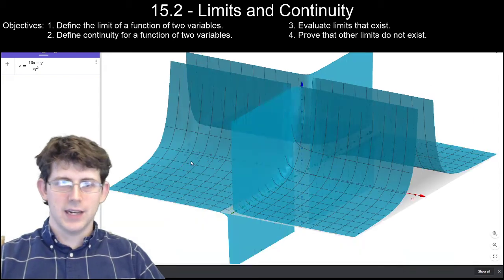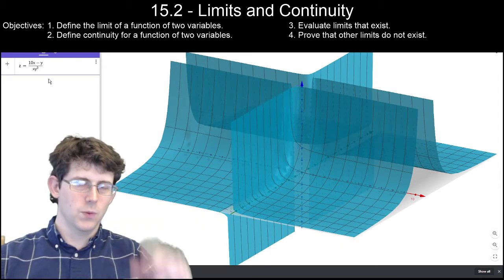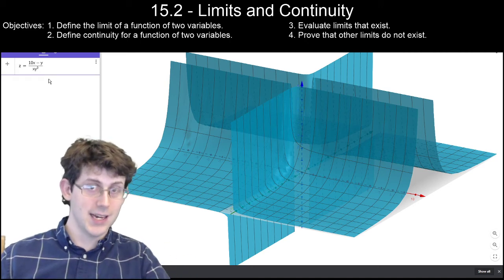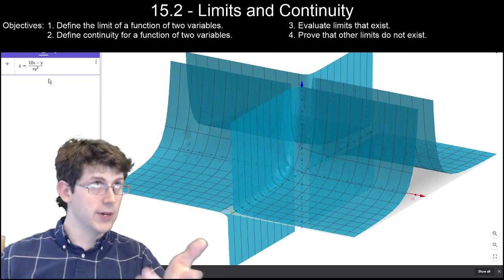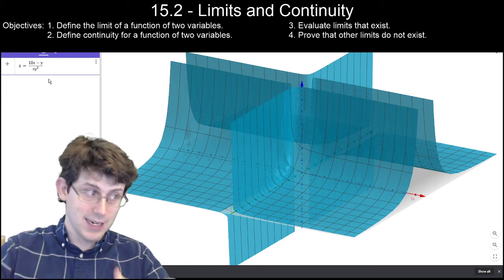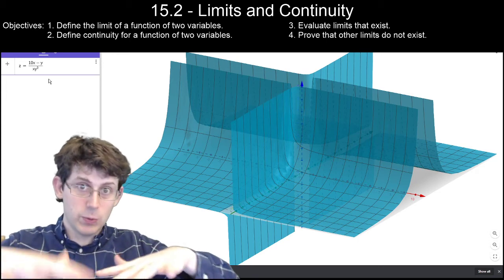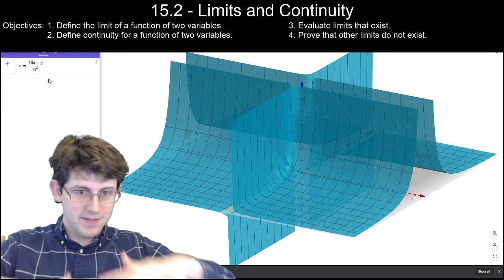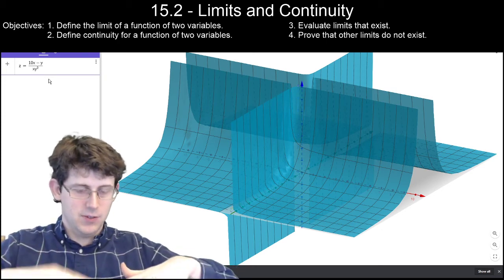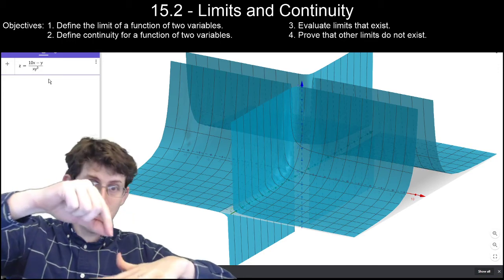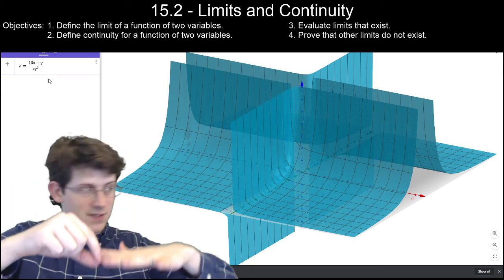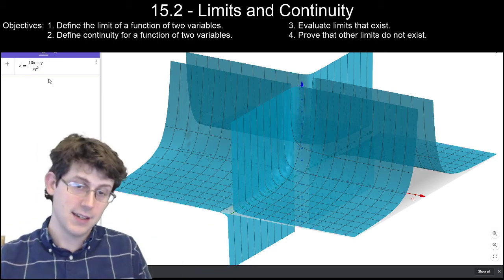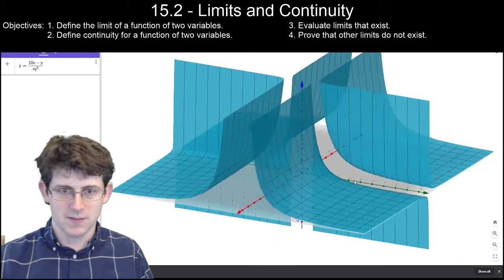Now, what's going on here is we are thinking of this function of two variables, the inputs are x and y, as having you input an x and a y, which is a point in the plane, and then the output tells you how high to go. So above each point in the plane, you can put a point that's its function value. If you get negative function values, then you put the point down below, and then you connect it all up and you get surfaces. So that's what we were doing with level curves before.